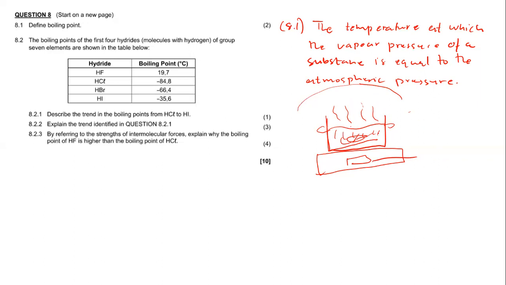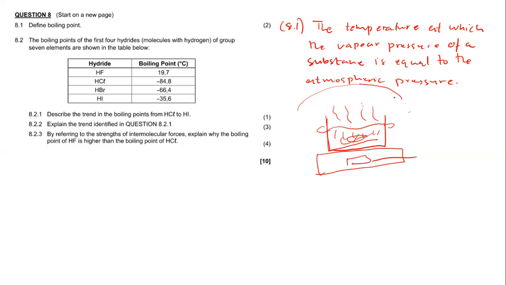I can put two different liquids in the pot, water and any type of alcohol. When I boil these two liquids, they are not going to boil at the same temperature. Why? It's because they have different boiling points, due to the intermolecular forces found within each substance.